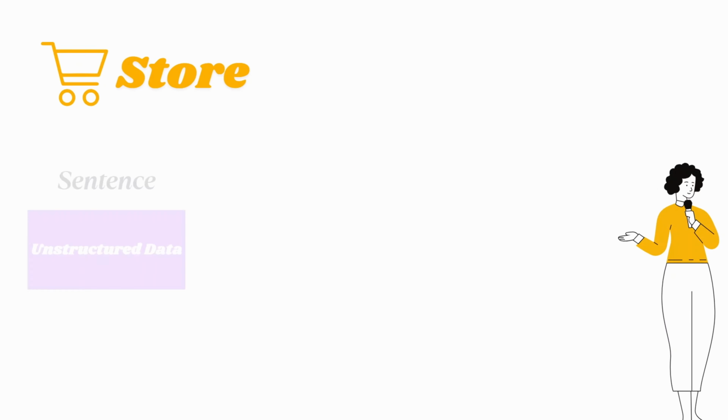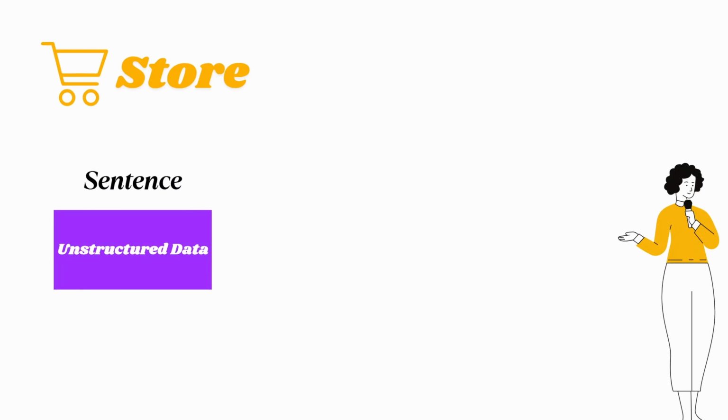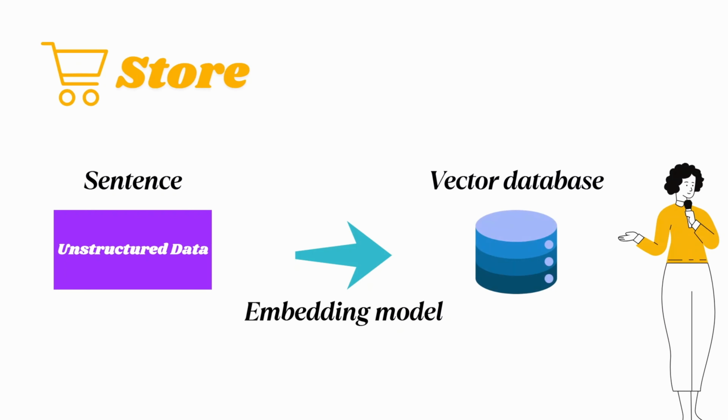When we receive unstructured data like a sentence or paragraph, we first pass it through an embedding model, which converts it into a high dimensional vector. This vector is then stored in the vector database along with optional metadata like the original text or document ID. Now that we have stored our vectors, the next challenge is, how do we make searching among millions of vectors fast and efficient?